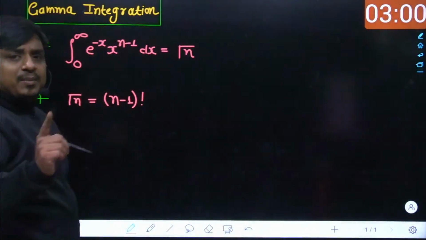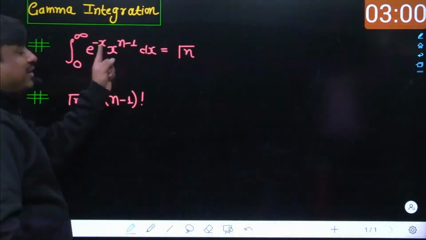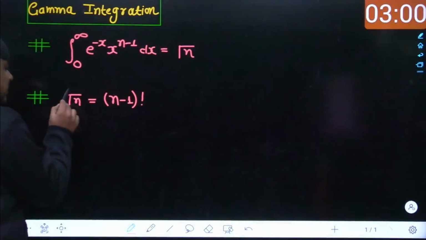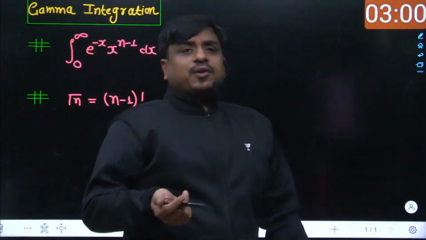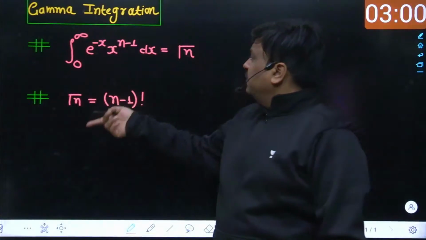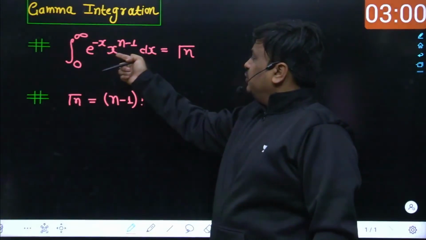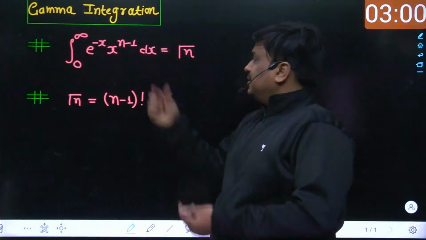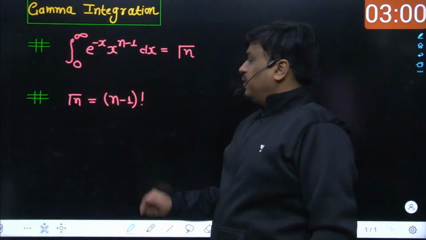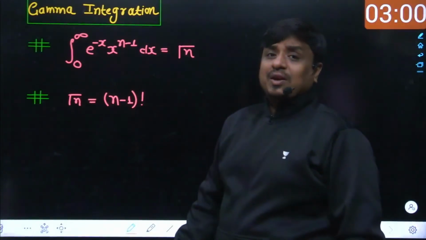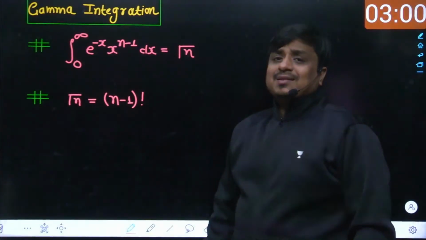In that case, n minus 1 is 3, the value of n is 4, and that becomes gamma of 4. So gamma of 4 is simply 3 factorial, and 3 factorial is 6. Similarly, if I take another situation, x to the power of 1, then n minus 1 equals 1, so the value of n becomes 2. Gamma of 2 is simply 1 factorial, and the answer is 1.